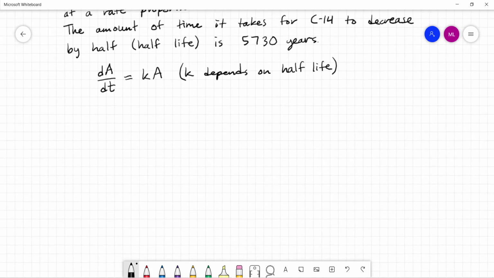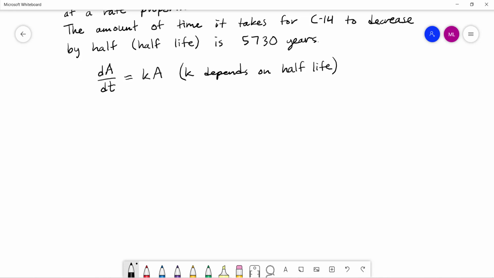So let's use this idea to solve a specific example. So let's do this one. Let me frame this one as a word problem.